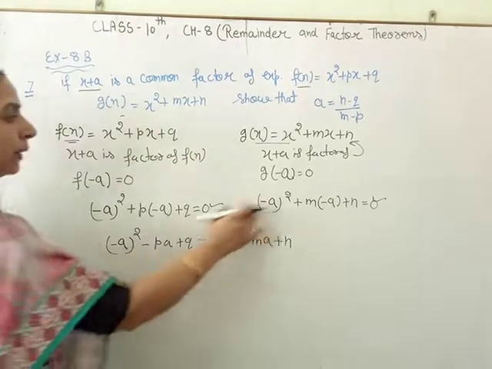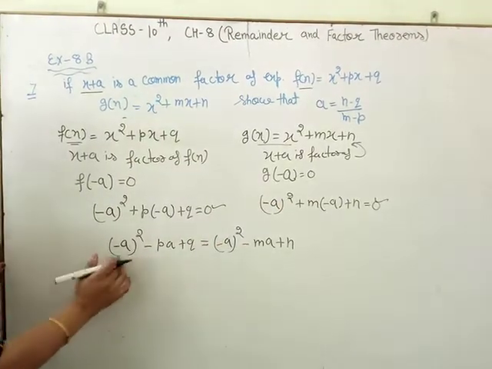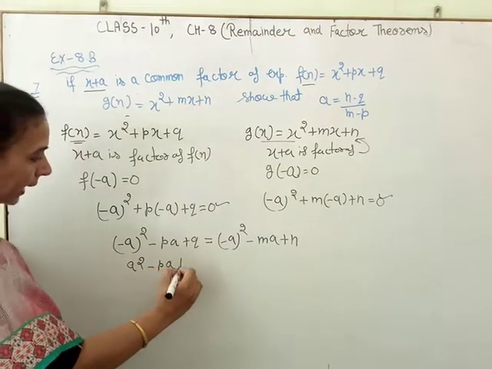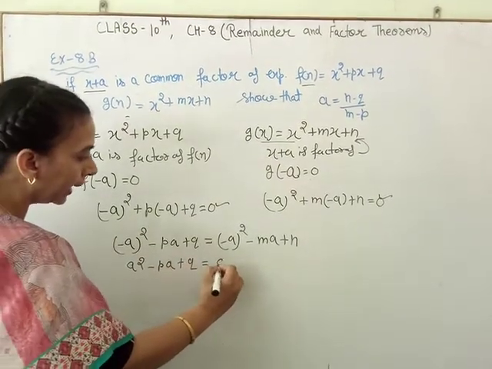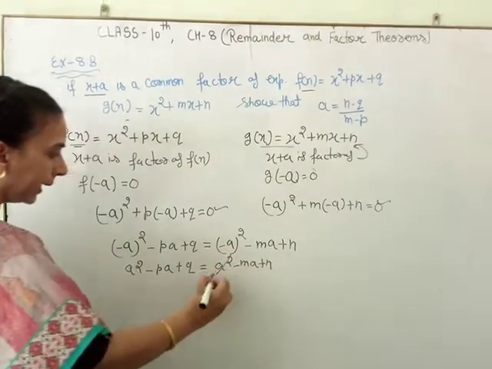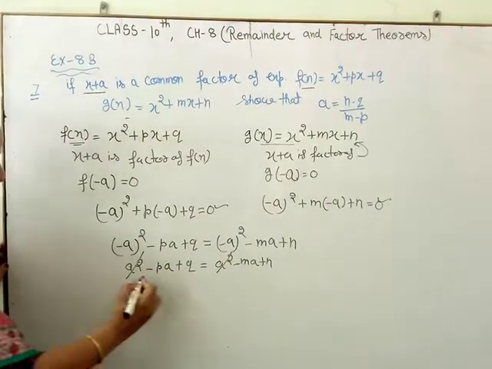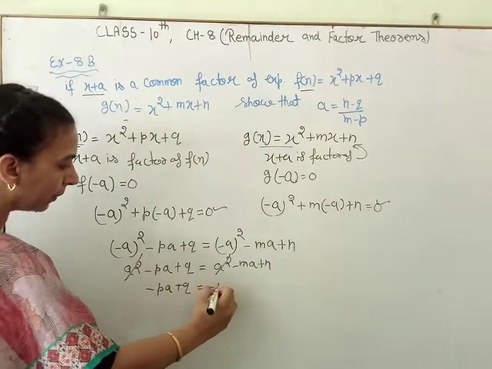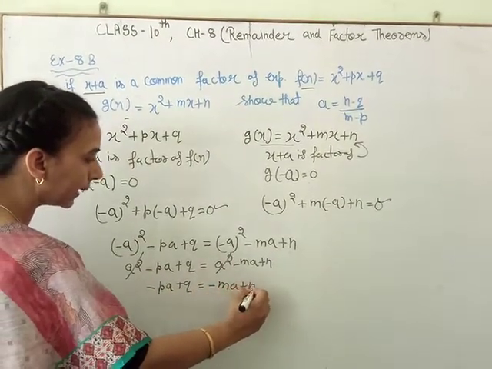Both are equal to 0, so both are equal. Minus a square means a square minus pa plus q, a square minus ma plus n. a square and a square cancel. Then we have pa plus q equal to minus ma plus n.